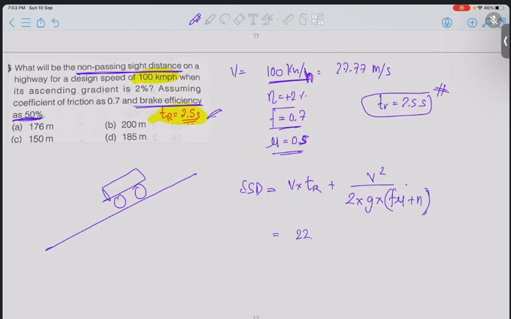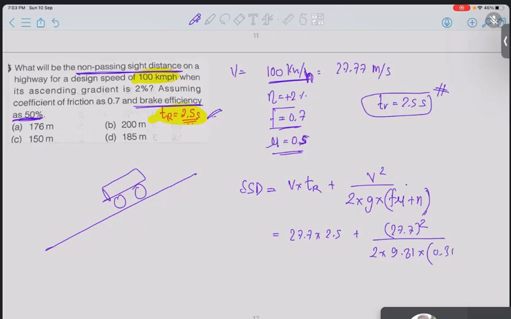So let's do the calculation. 0.7 into 0.5, nothing but 0.35, plus 0.02. So what is the answer? I also have to calculate 27.7 square.